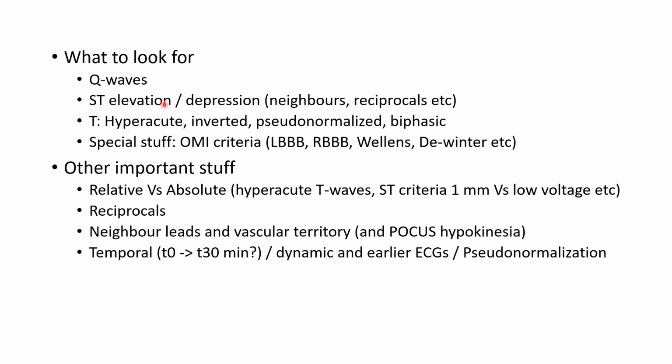We look for ST elevation or depression in neighbor leads and in reciprocals and so on. We look for the hyperacute T waves. We look for inverted T waves and the pattern of inverted T waves, COSAG and so on. Maybe pseudo-normalization and biphasic T waves, such as the Wellens. And we look for special stuff like the OMI criteria, right? Such as the Winter, such as Wellens, such as Sgarbossa-positive LBBB, and so on.